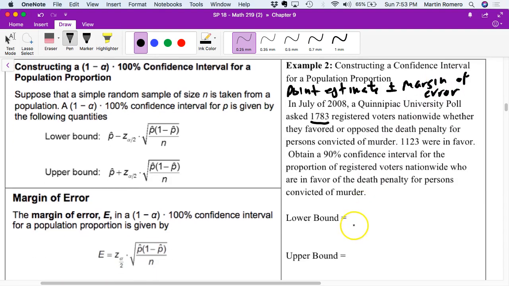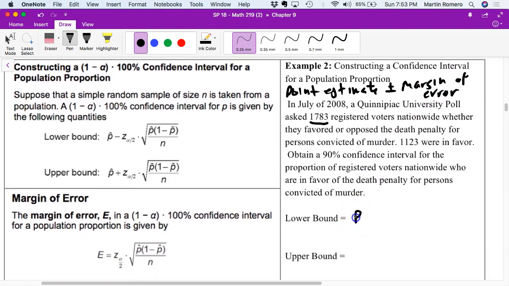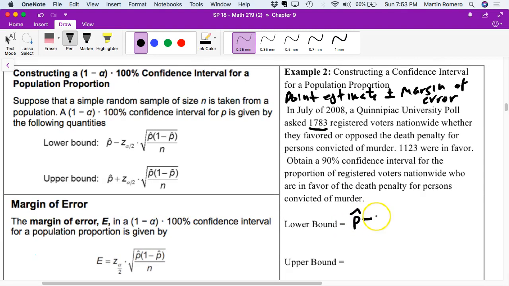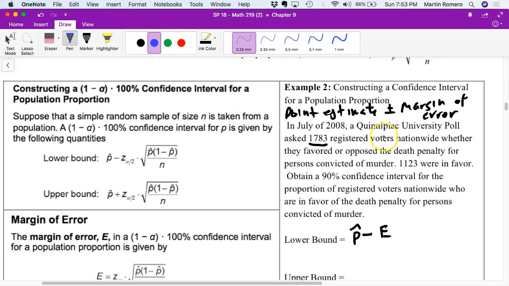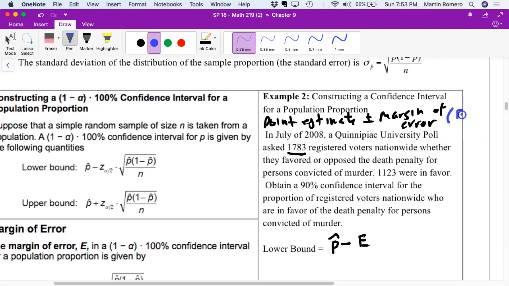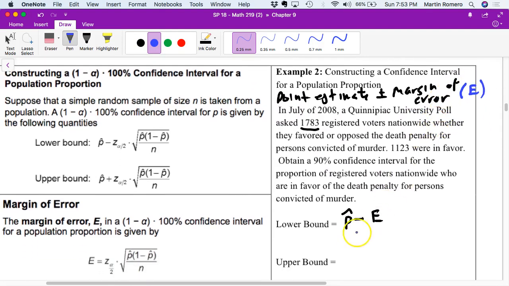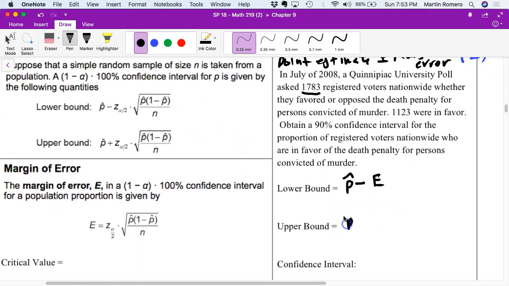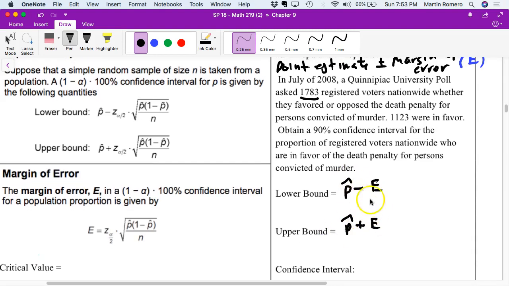And so to get the lower bound, this value is going to be your point estimate minus your margin of error. And we're going to call that E, this is E, your margin of error. And then to get your upper value of your estimate, it's going to be the estimate plus E. So all we need to do is calculate those.